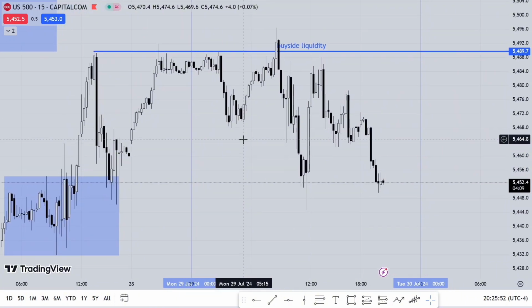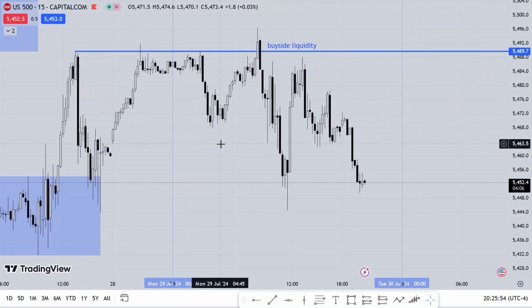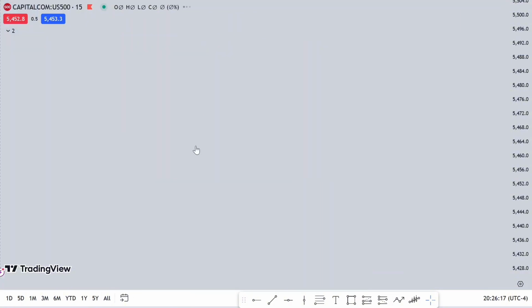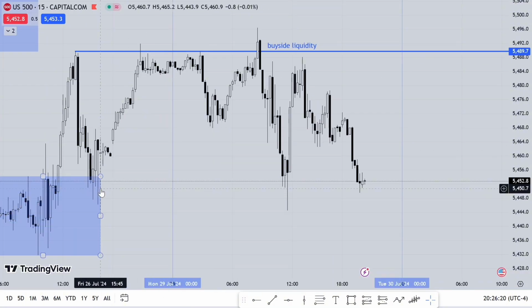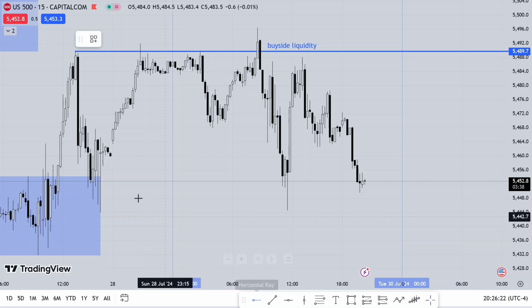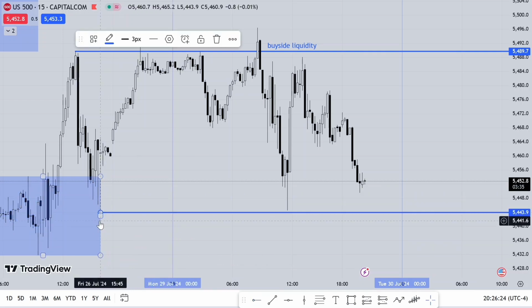Now, because you are expecting a second phase distribution in price from the higher time frame, when you drop down to the lower time frame, you'll be interested in looking for that fractal nature for lower prices. So here you have this swing low resting.